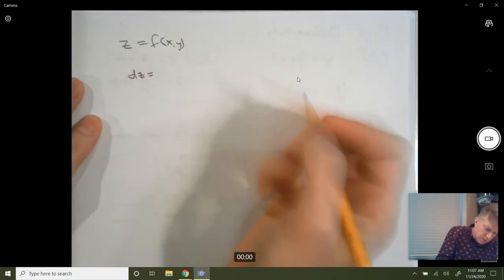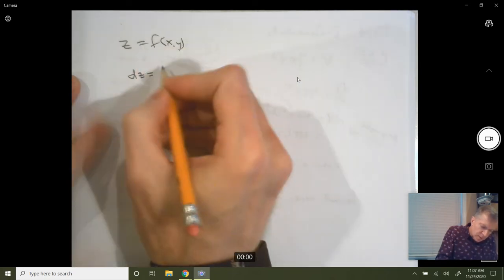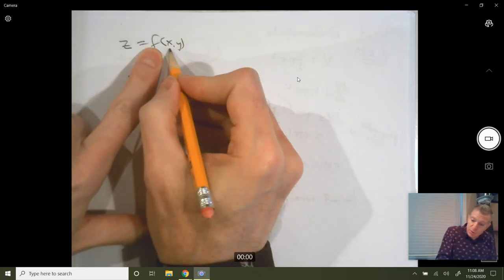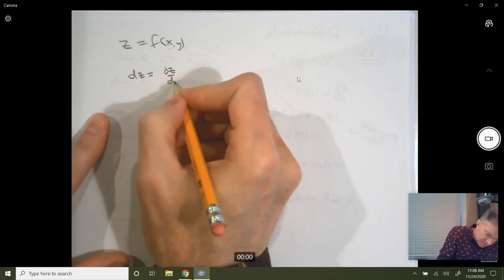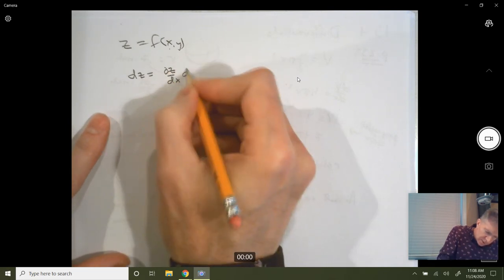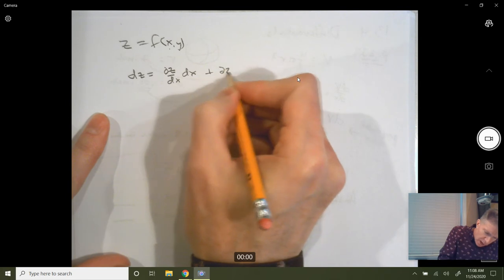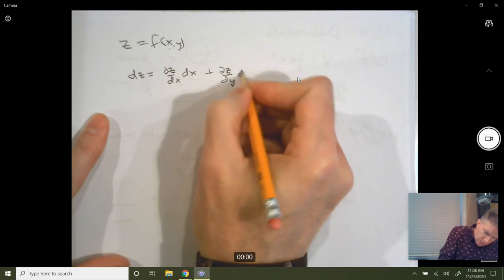So dz is going to be equal to, first you find the derivative with respect to x, dz/dx, times your dx plus dz/dy times your dy.